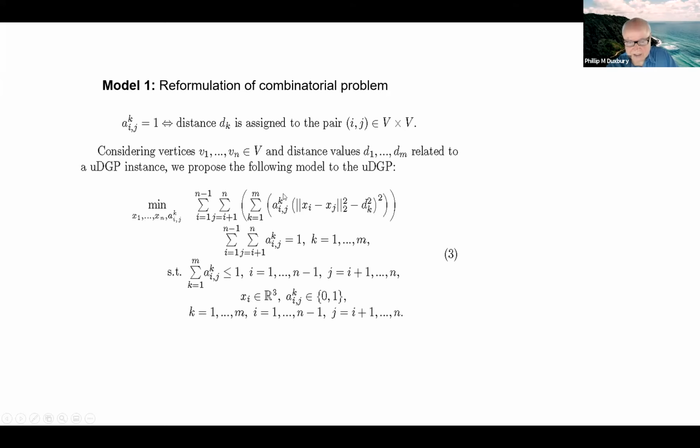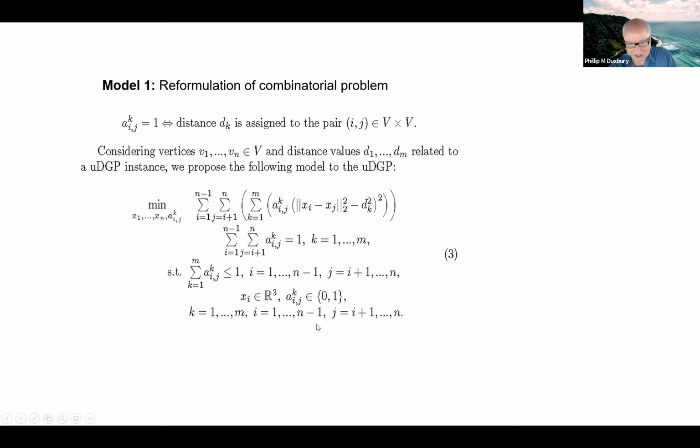And there's this new binary variable, a_ijk, which does the assignment of a distance to a vertex pair. So we want to minimize this function over the variables a_ijk and the variables x_i, x_j. That looks horrible because we've introduced this massive number of binary variables.